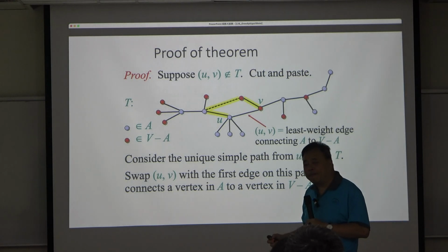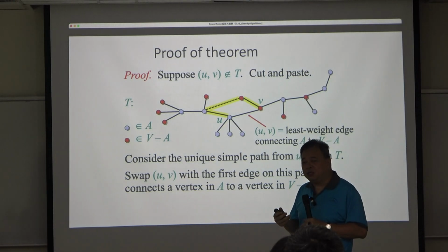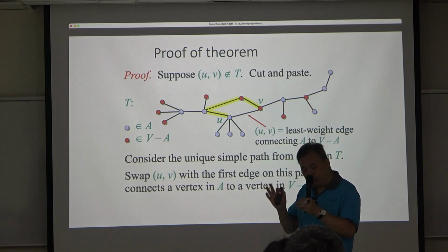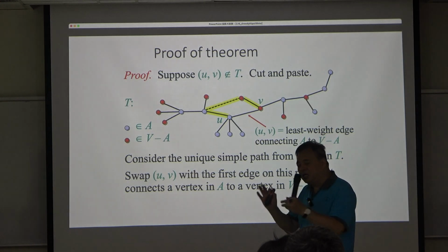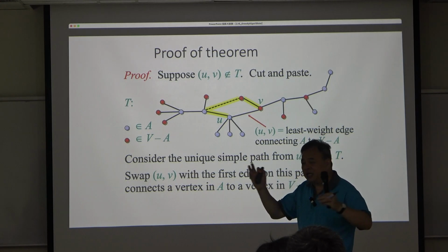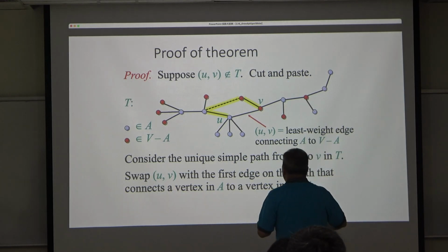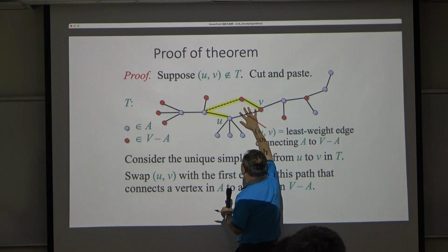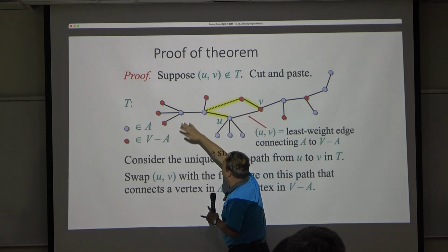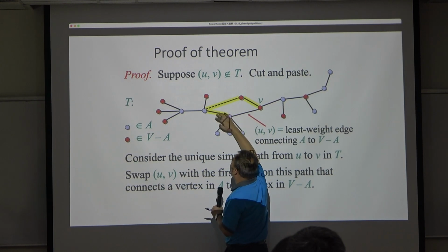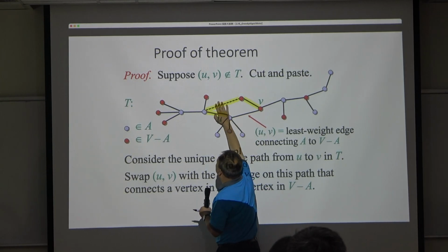First, you are still making sure the whole tree is connected, right? Because before you use this link, all the nodes are connected. It's an MST, and now you replace this one with this one.